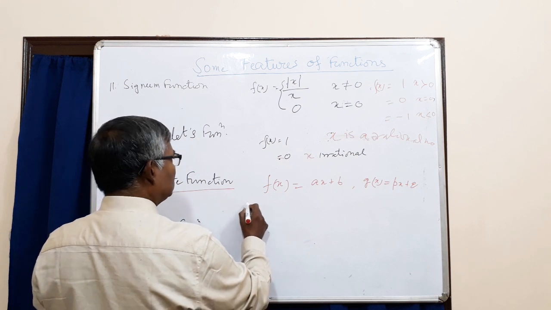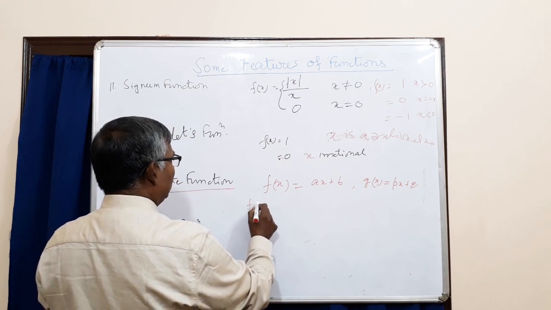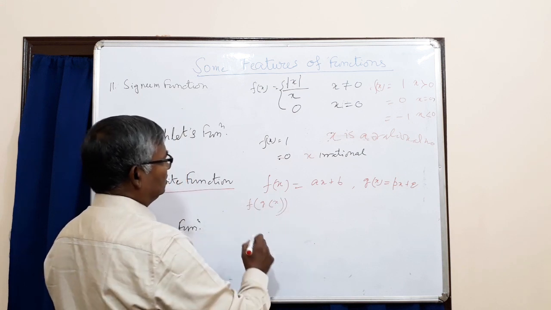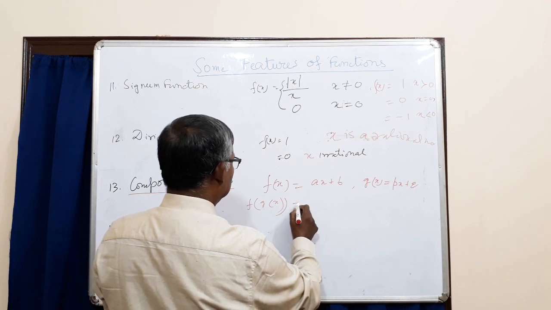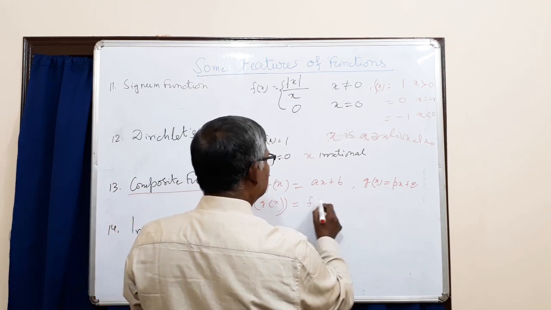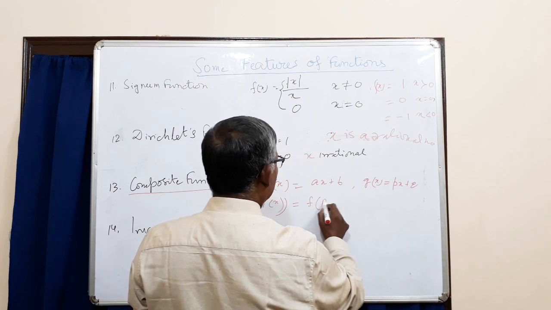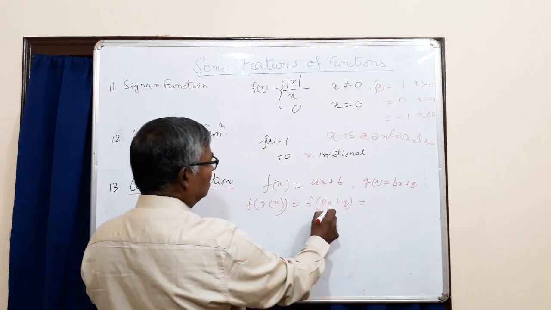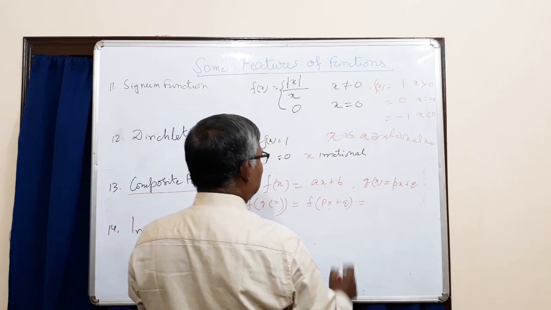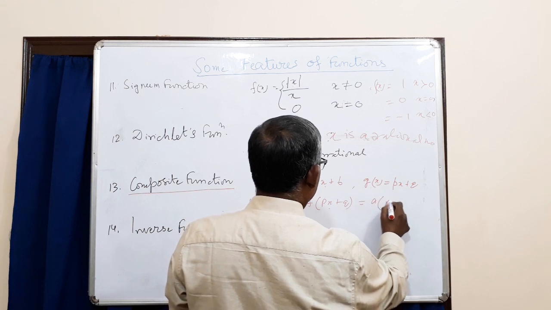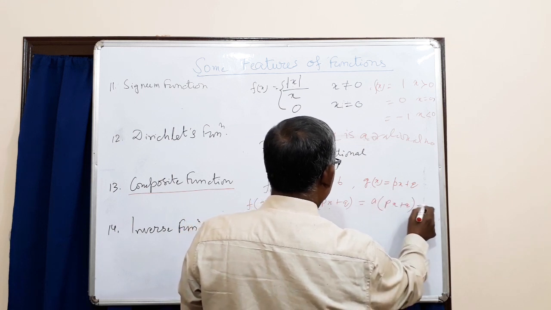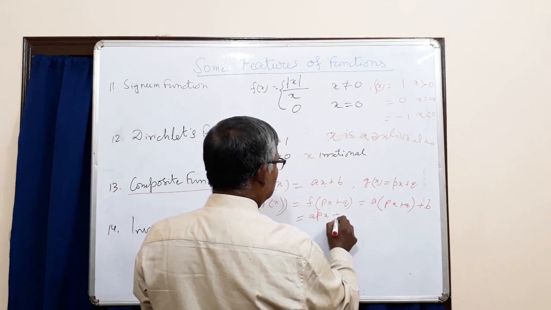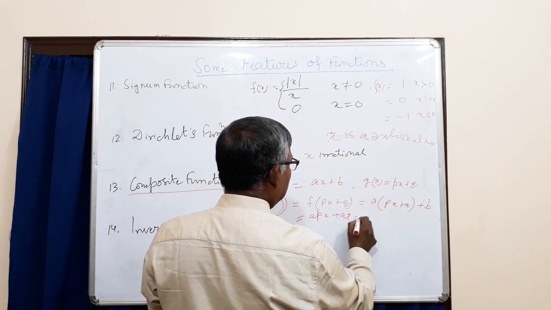So what about f of g of x? f of g x means f of px plus q. So put the value of x as px plus q. So a of px plus q plus b, that means apx plus aq plus b.